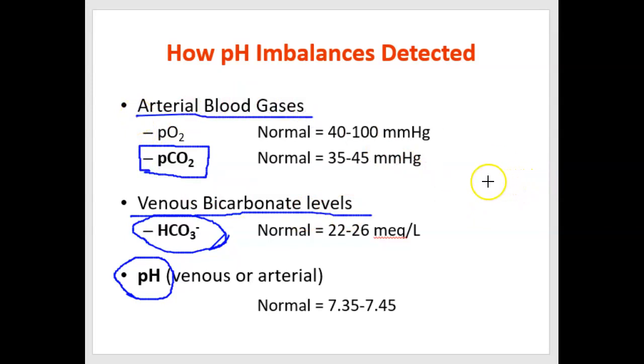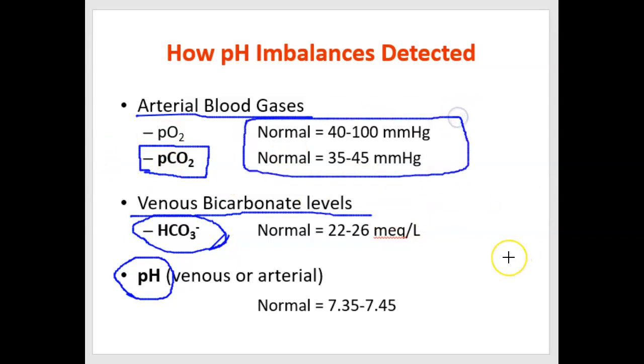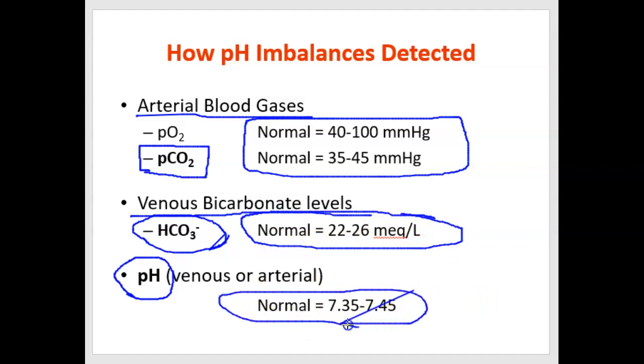And so an artery, usually around the wrist, is used to extract blood, and a blood gas using a chromatography is used to measure the amount of CO2. And there are normal ranges for CO2 within the blood. There's normal ranges for bicarbonate within the blood, and of course we already know that there's a normal range for pH.